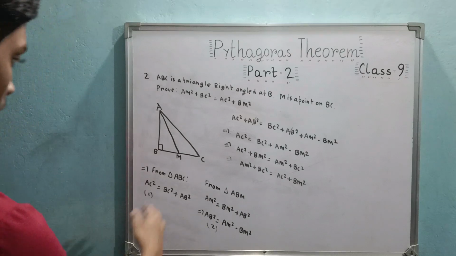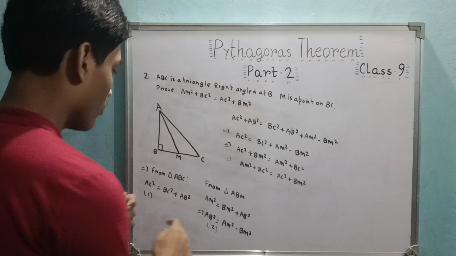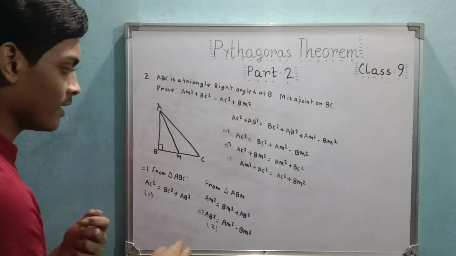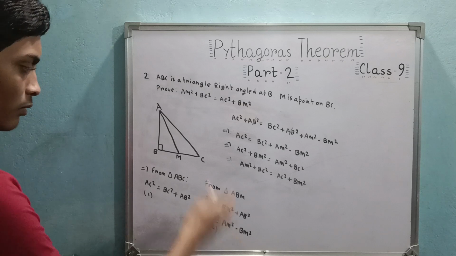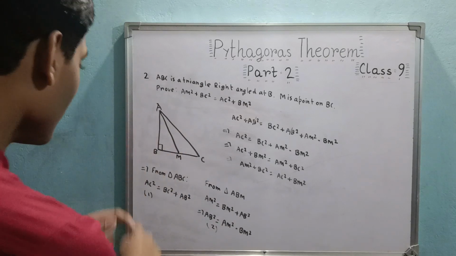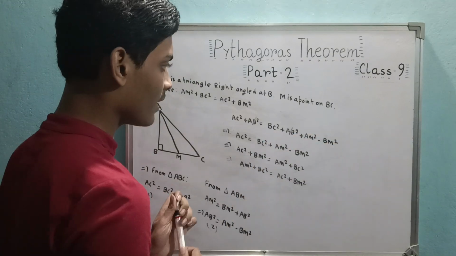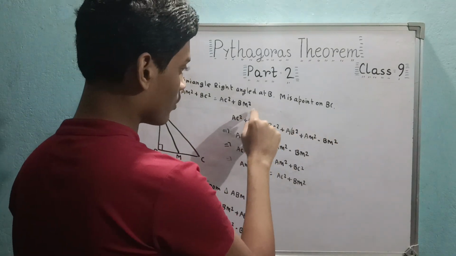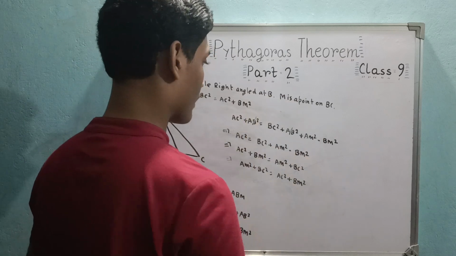So how did we get it? From the two triangles, we got the respective Pythagoras equations. For my convenience, I took AB square to one side and the remaining terms to the other side. Then we added these two equations, and AB square on both sides gets cancelled out, and this part remains.